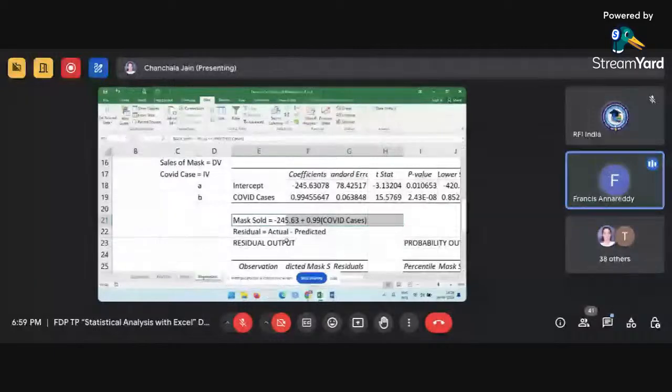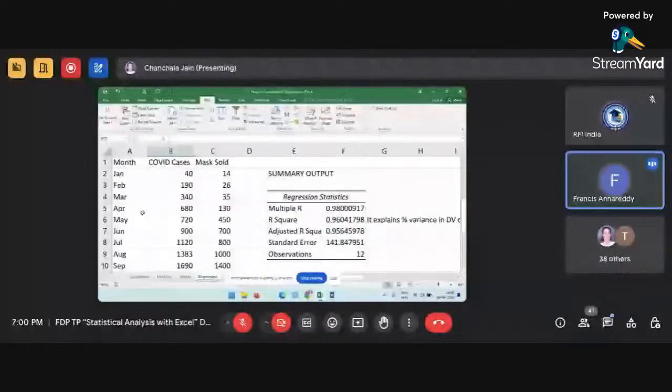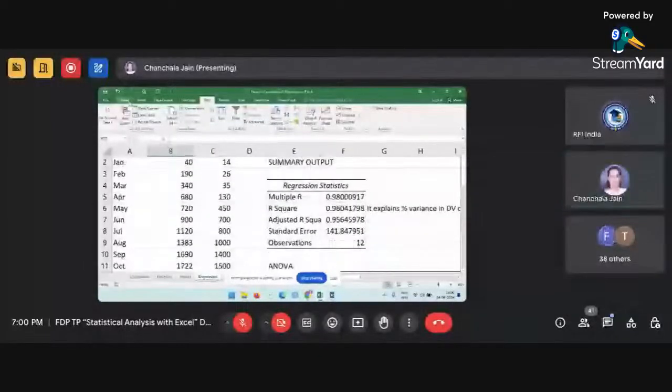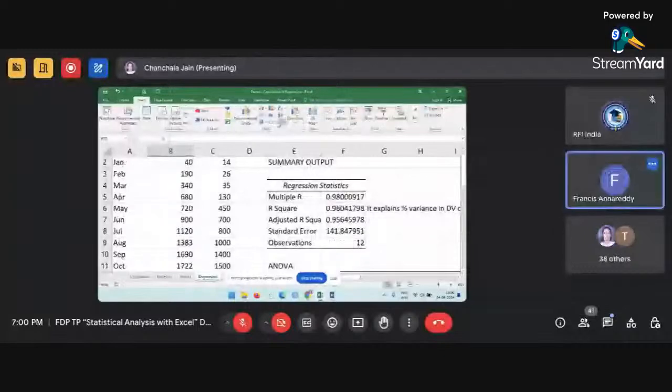What is the problem here? You only need to put the COVID cases here and you can predict the masks sold. Are you getting it? Yes, ma'am. Got your point, ma'am. Thank you.